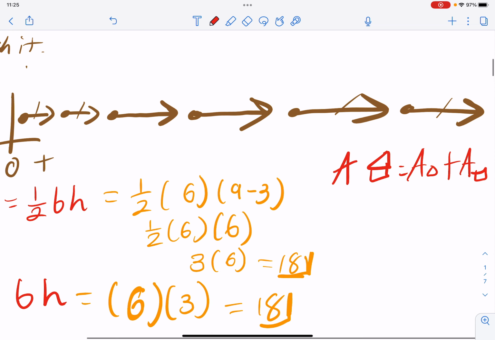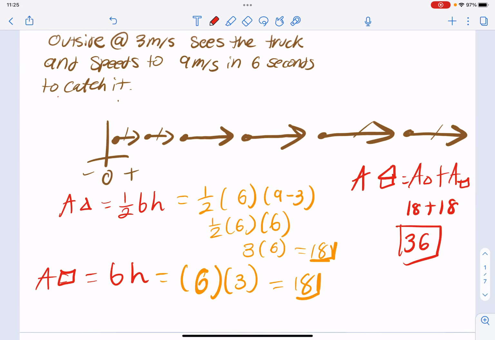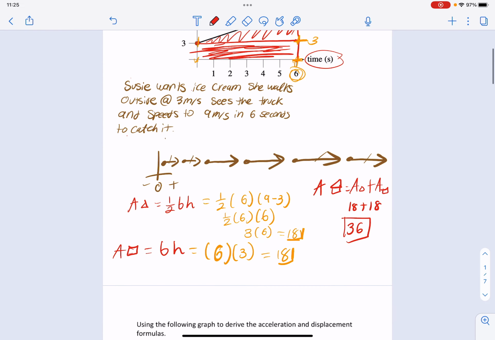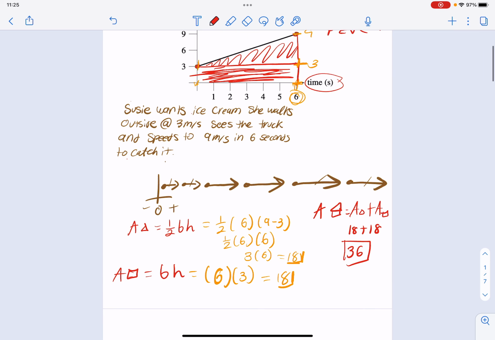I can zoom in, sorry. Which is 18 plus 18, which is 36. Okay? So we know that the area of this shape is 36.